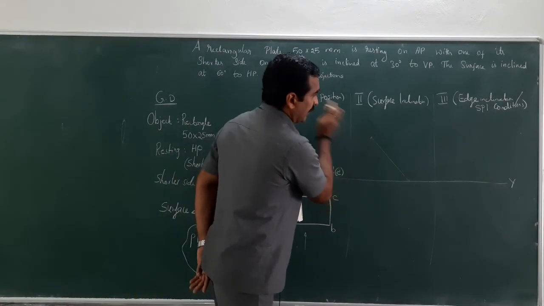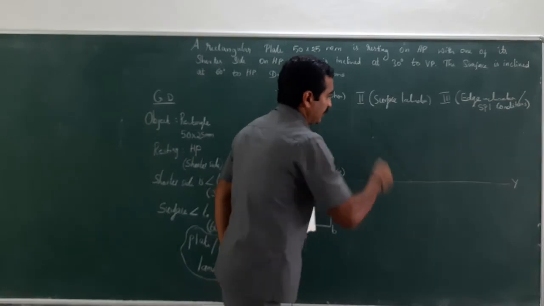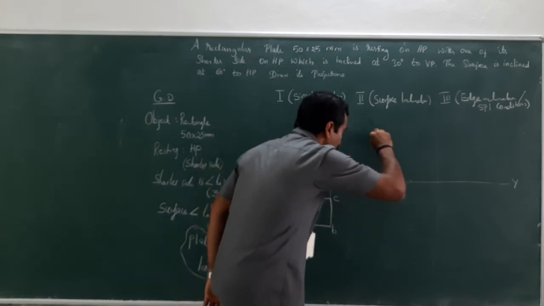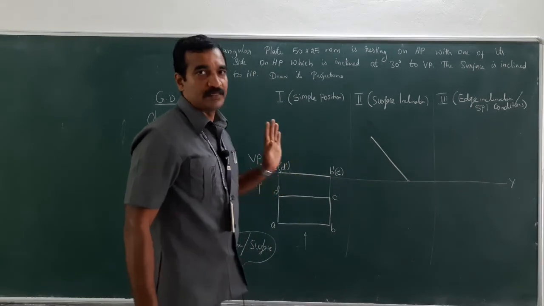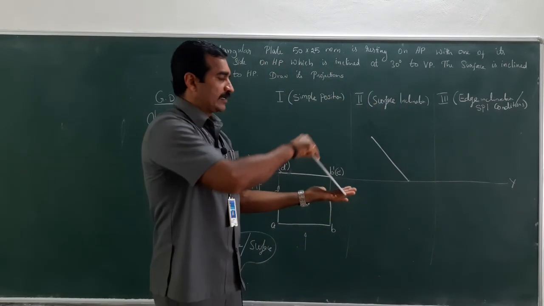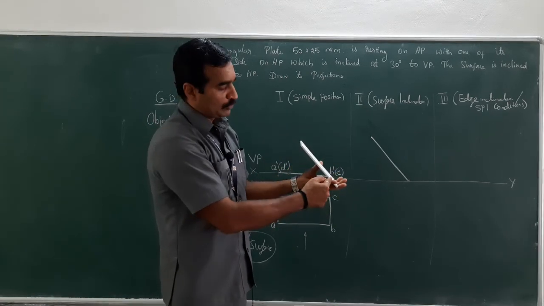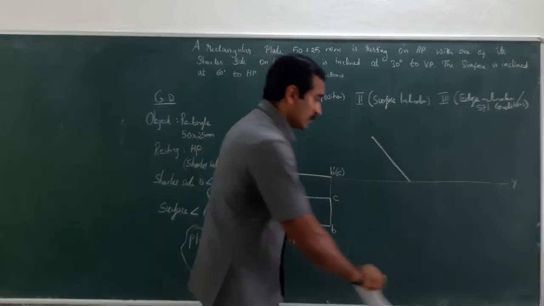So, erase off the unwanted lines. Now draw the darkened line. This is the object. When the object is tilted at a certain angle, when you just observe it or view it from the front, you could see an inclined line. That's what I mentioned here.